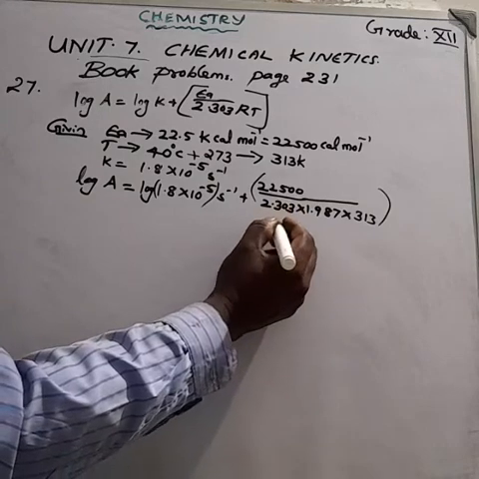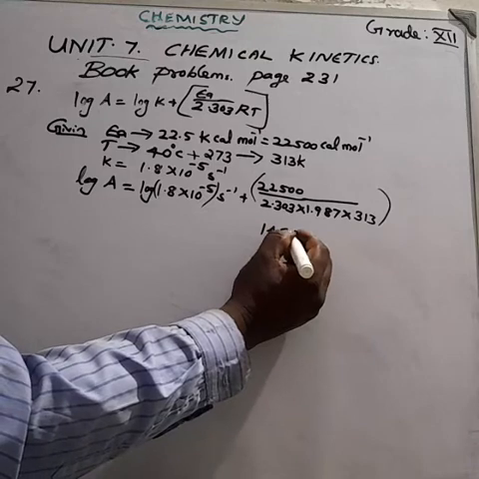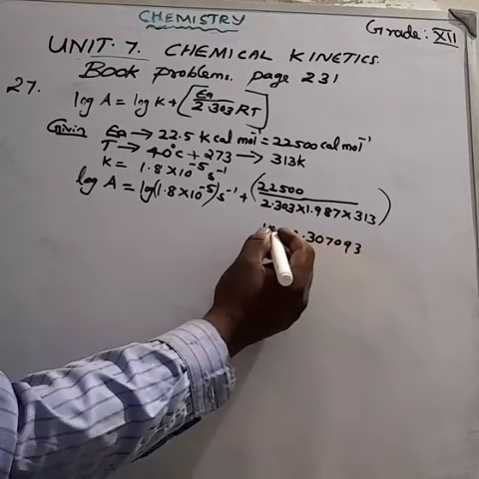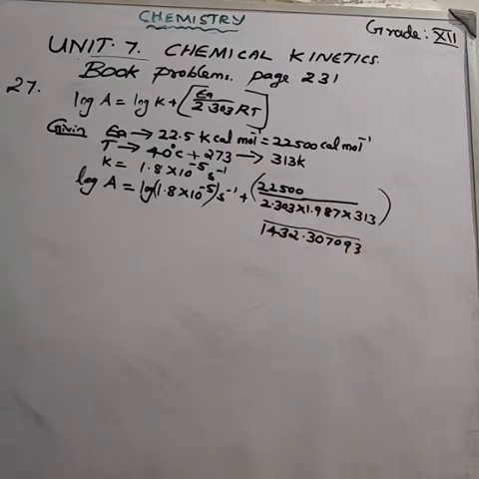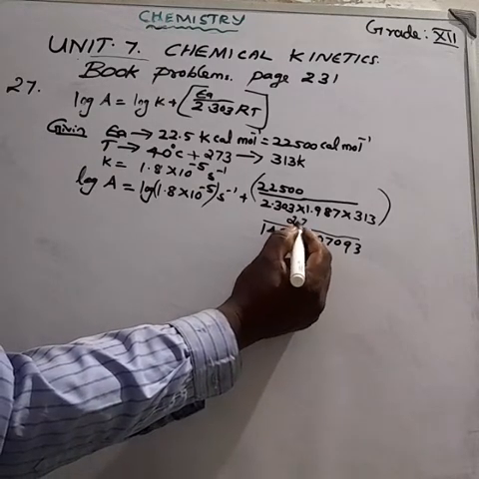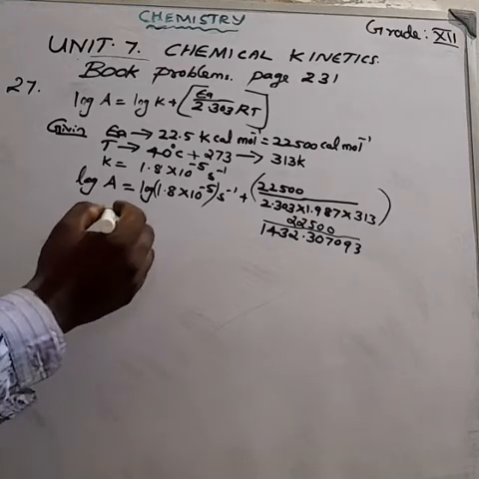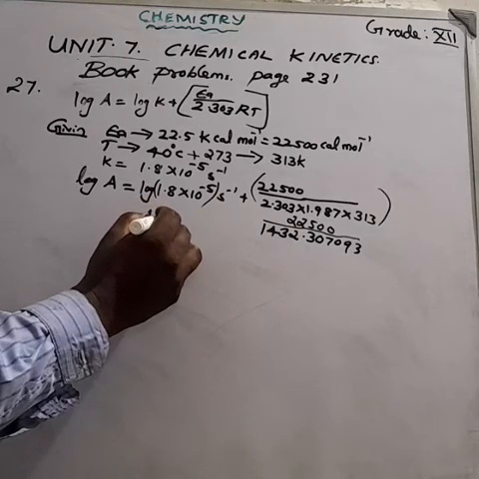This value is approximately equal to 1432.307093. So 22,500 divided by 1432.307093. Next, log A is equal to log of 1.8 into 10 raised to minus 5.